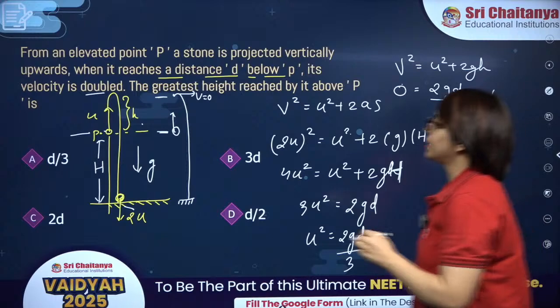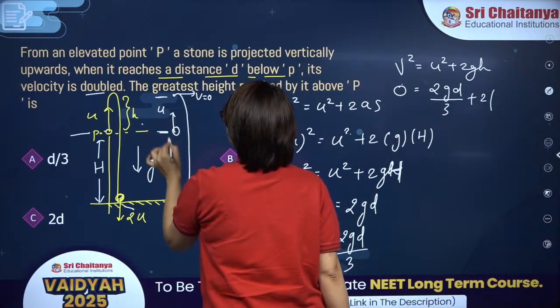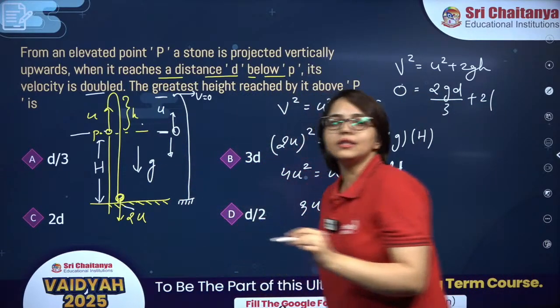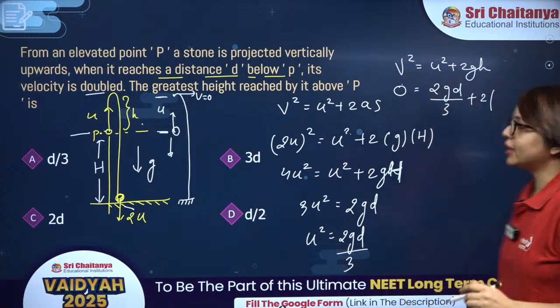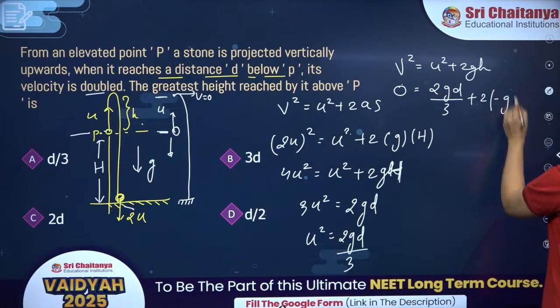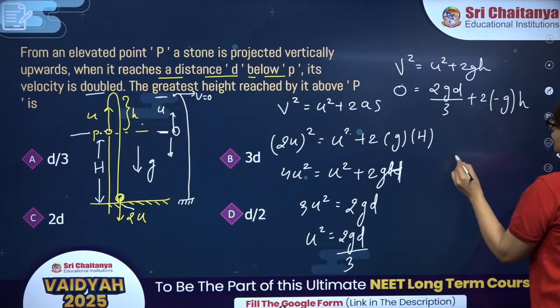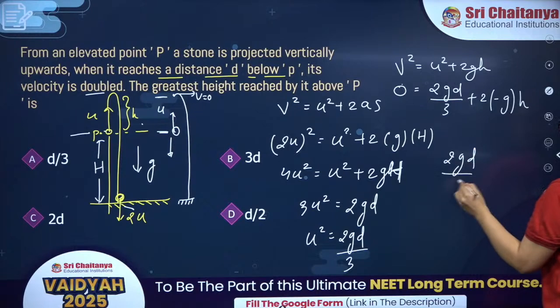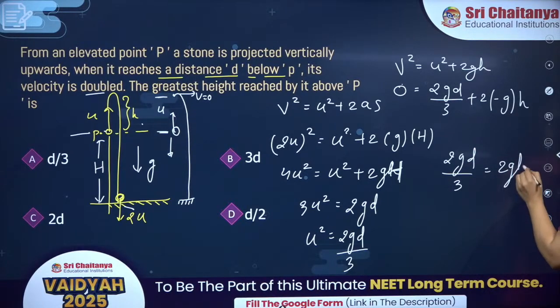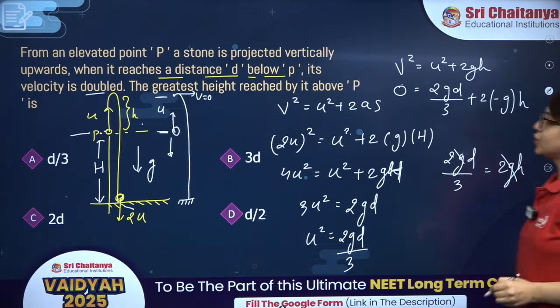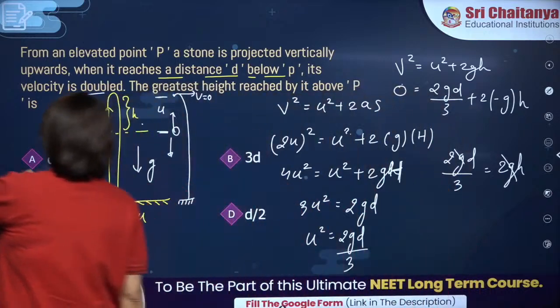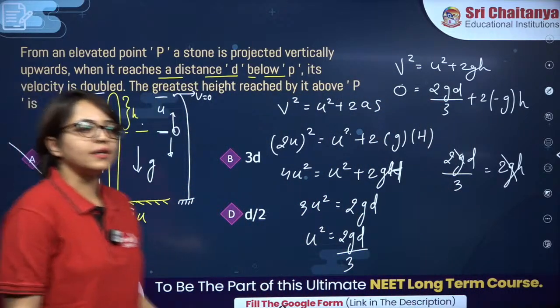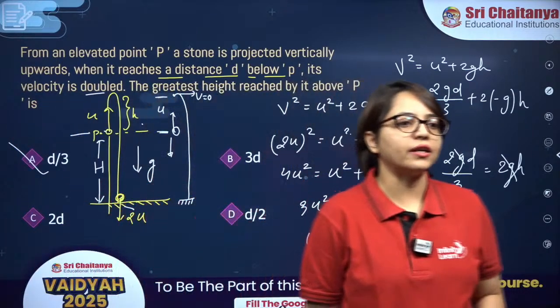G will be minus g now because the particle is going up and acceleration due to gravity is downwards over here. Right. So it will be minus g into h. Okay. So we have 2gd divided by 3 is equal to 2gh. 2g cancel. So h is equal to d by 3, which is option A. Option A is the correct answer. Well done guys. Well done.